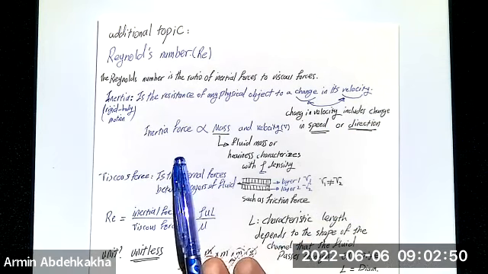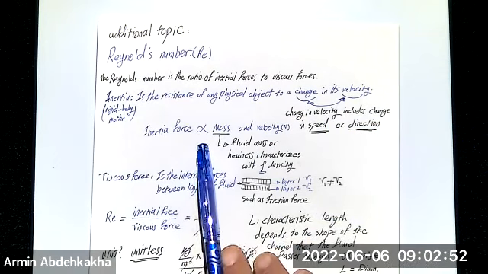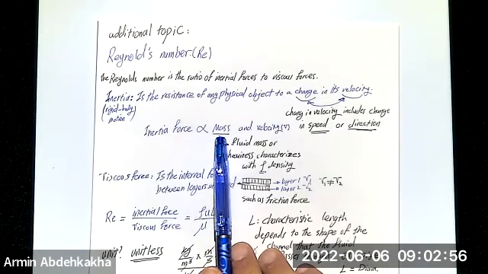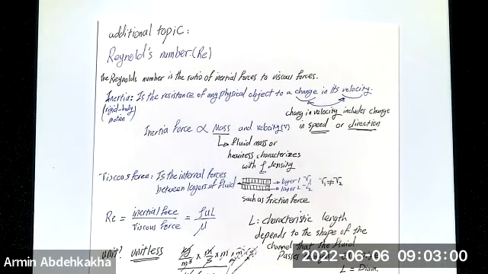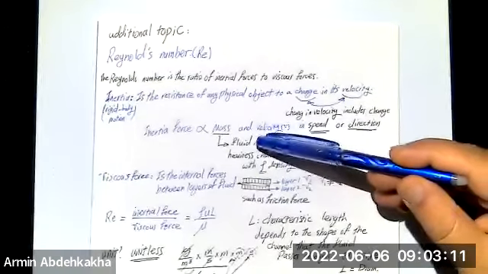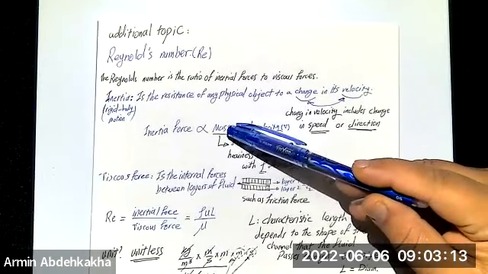The inertial force, as you know from dynamics, is in direct proportion with mass and velocity. So the more mass, the more momentum, which is m times v, mass times velocity.